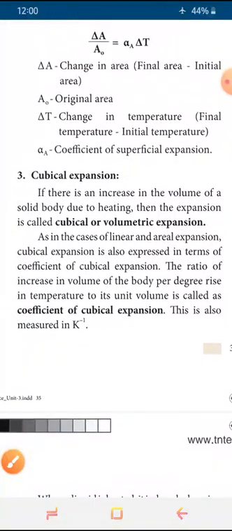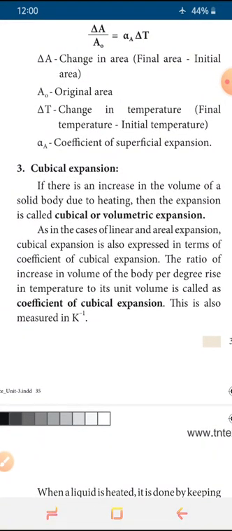And the next topic is cubical expansion. This has the same kind of definition as what we gave for linear and superficial expansion. Cubical expansion is when we increase the heat and the volume of the material or solid increases.